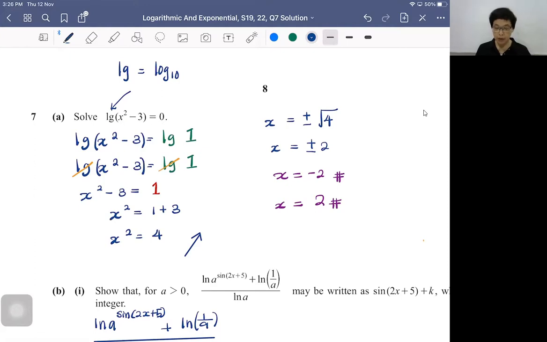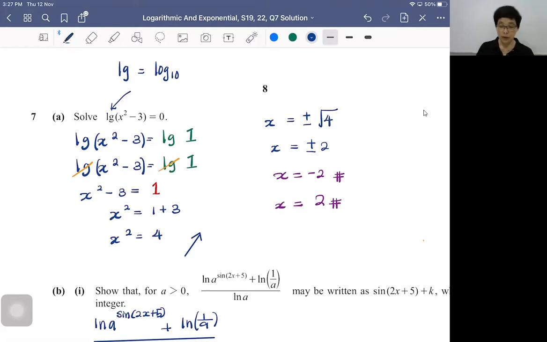On the left-hand side, there is nothing much you can do, but on the right-hand side, something interesting you can work on: the value of 0. Back to our fundamental logarithmic rule, what can we draw from it? We learn that log to any base, when the inside is 1, will equal 0.